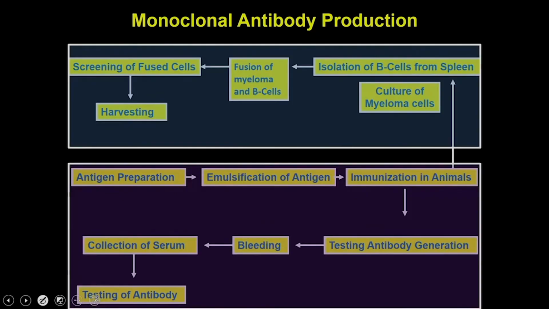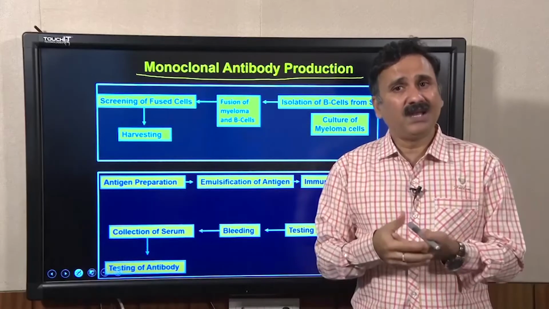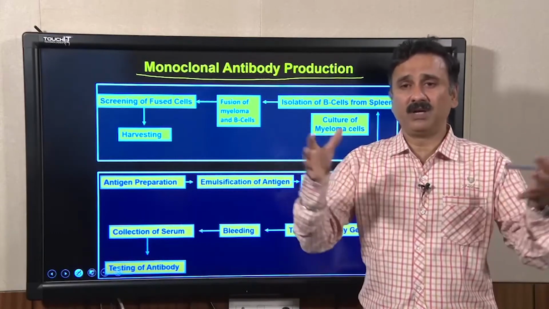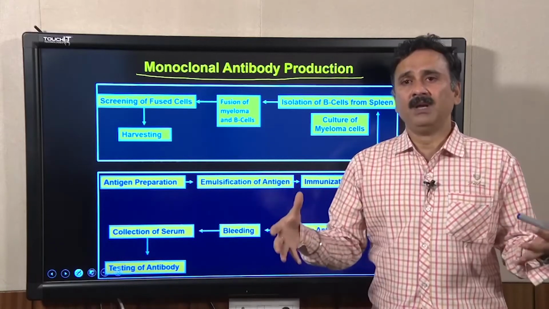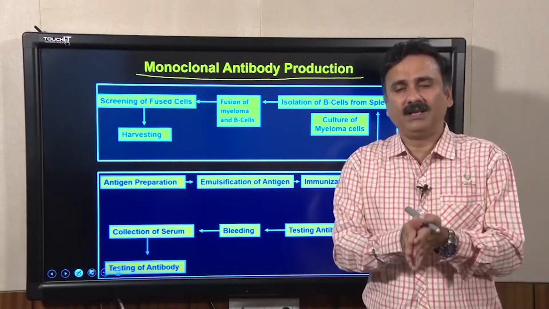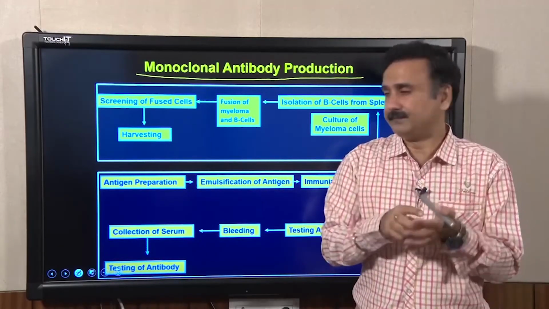For monoclonal antibodies, the process is a little more complicated. First you immunize the animals and produce multiple clones, and then these multiple clones have to be screened and you select the single clone.